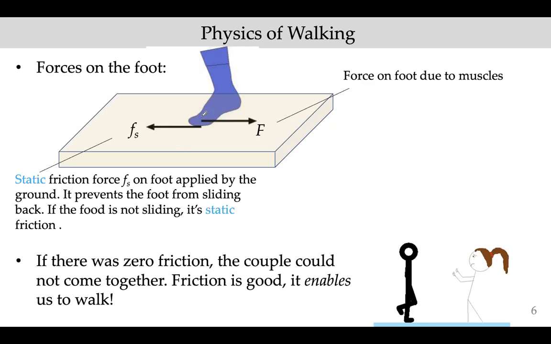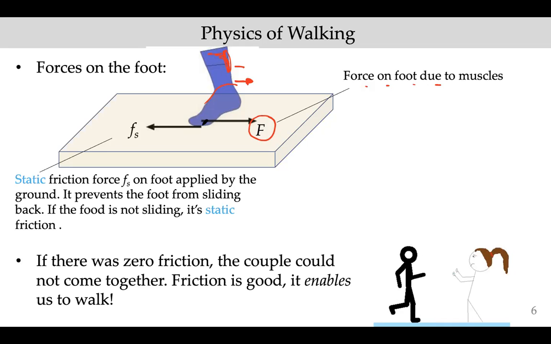When you step on the ground, the leg muscles here are pushing your foot in the backward direction. So that's this force. It's the force on the foot due to the muscles.